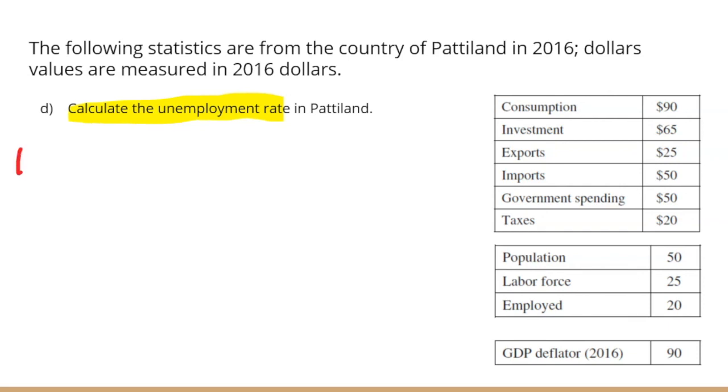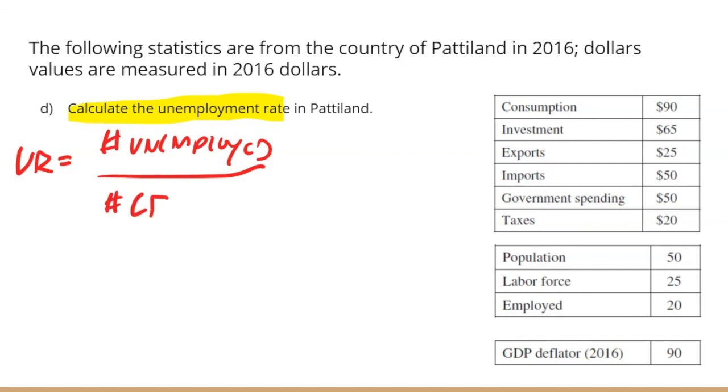So remember, our unemployment rate is just going to be the number of unemployed over the number in our labor force. Well, luckily for us, we have our labor force, which is 25, but we don't have our number of unemployed. We just have our number of employed.